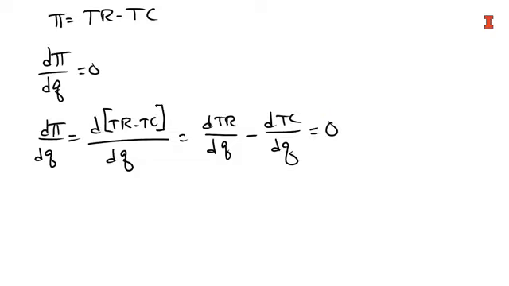I'm going to set this first order condition equal to 0. But what is this? This term is marginal revenue. This term is marginal cost, and I want those two to be equal. That means the two of them have to be the same value. Once again, this is a more formal proof using calculus of the fact that the way you maximize the difference between two functions is to set their slopes equal.